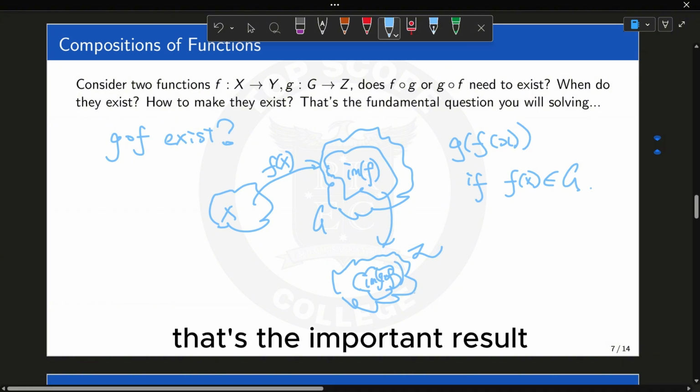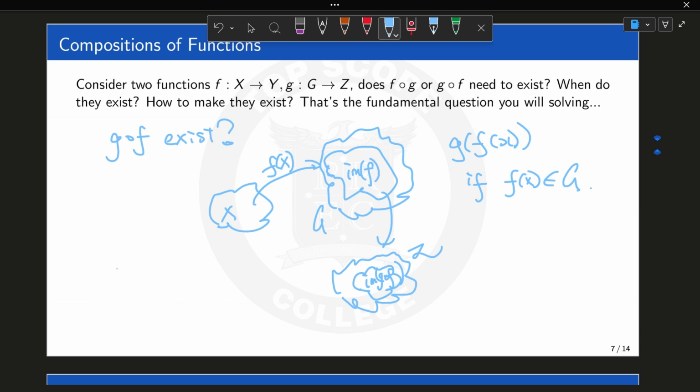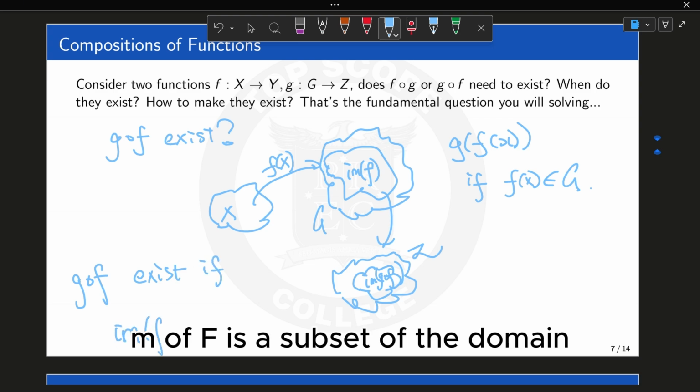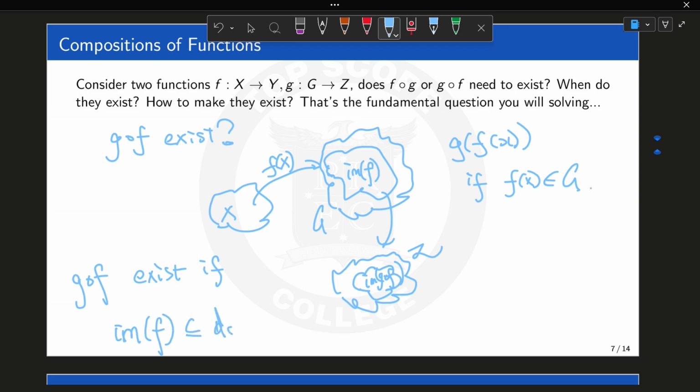That's the important result: g∘f exists if the image of f is a subset of the domain of g.